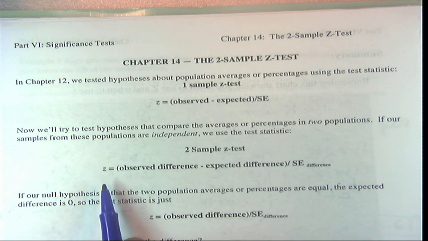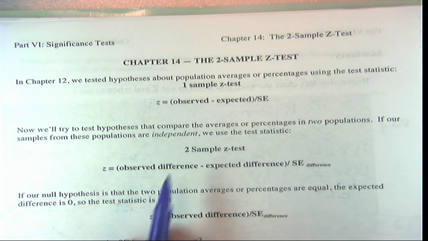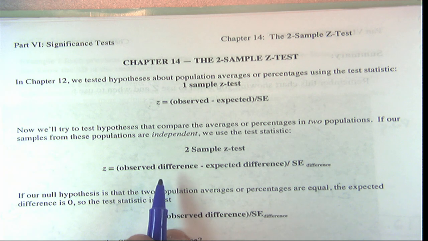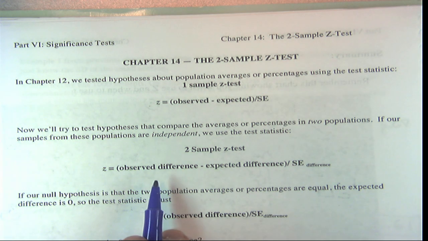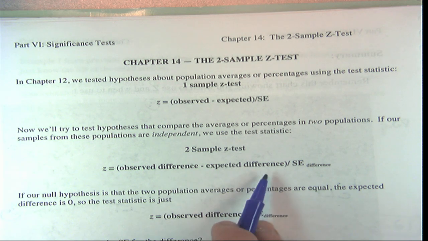And they're very similar to this statistic. Instead of having one sample, you have two samples. And the null is usually that the two samples' average or percent composition is the same, that there's no difference between them. That's usually what the expected difference is. The null is that they're the same. Males and females score the same on the exams, or the drug worked no better than the placebo.